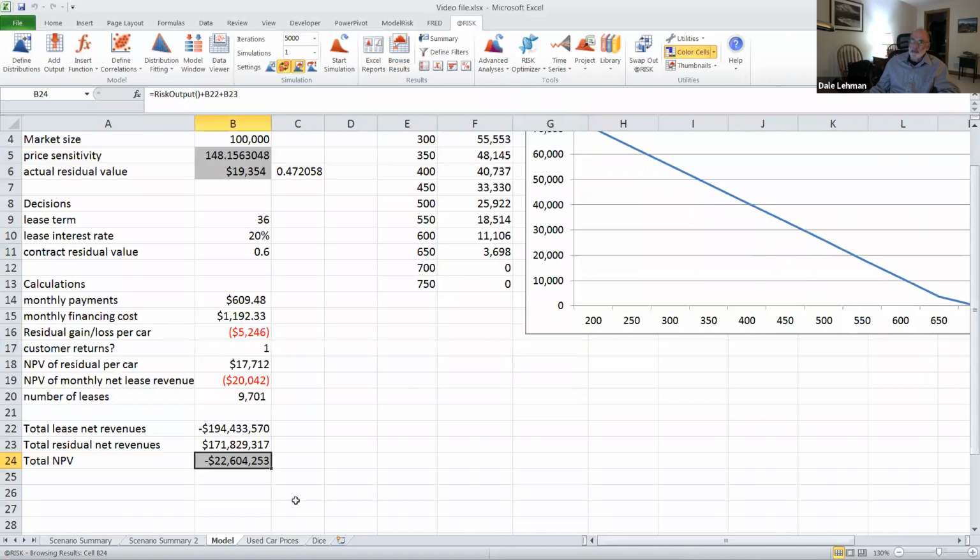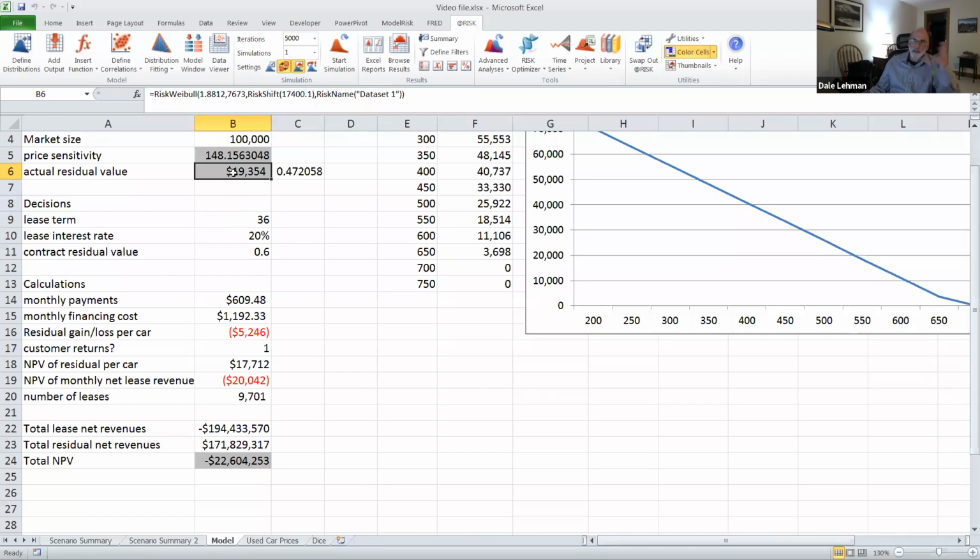But what we're able to do is put in 2 types of uncertainty represented by probability distributions. One of them being a subjective judgment, which I used a particular distribution called the PERT distribution for, and one for the actual residual value, which I based on data by fitting distributions to the data.